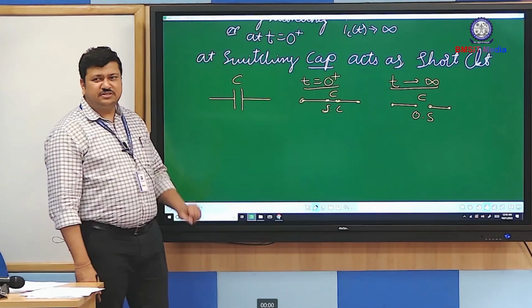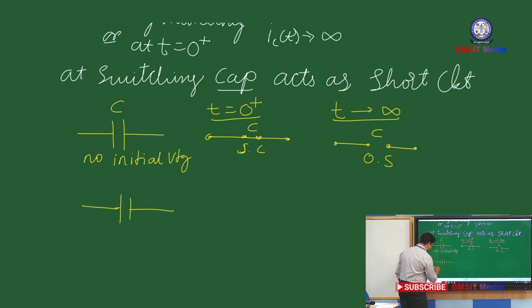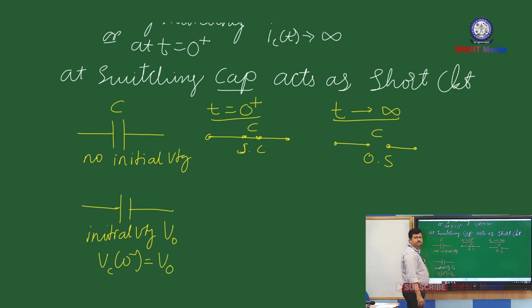Now, here there is no initial voltage. If I have some initial voltage across the capacitor, say initial voltage V0, that is Vc of 0 minus is equal to V0, then the capacitor, now go back to the circuit again.